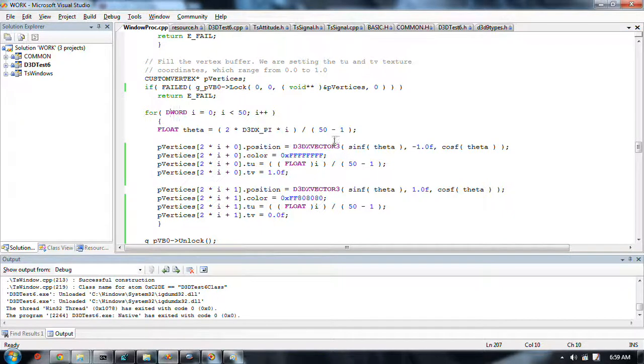A triangle strip is a bunch of triangles, but it's a strip in the sense that some of the triangles share sides with each other.